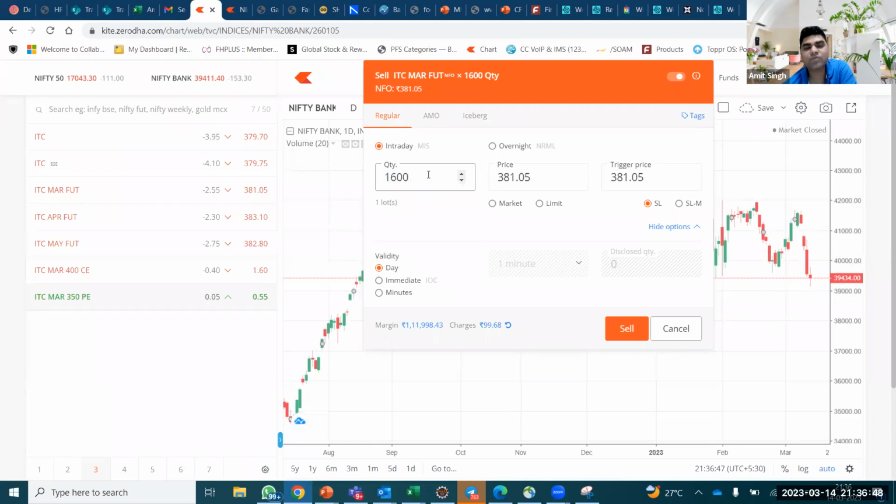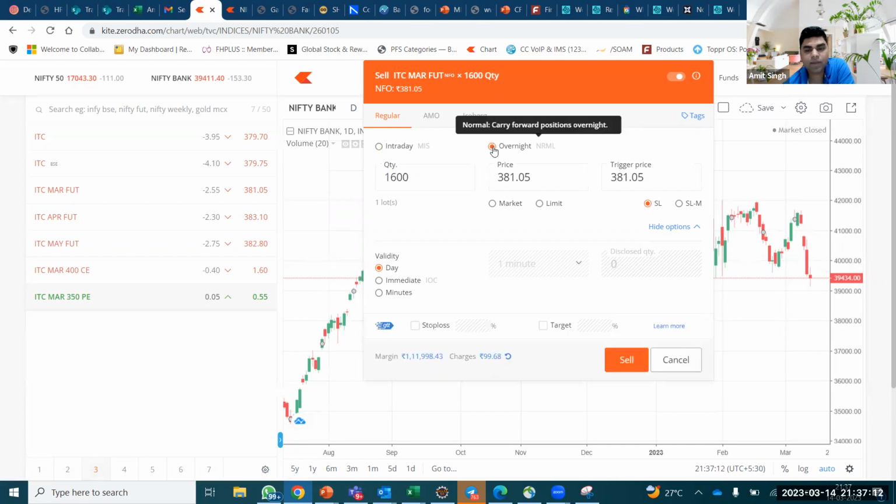In case of ITC, the lot size is 1600, which means one future of ITC is equivalent to buying or selling 1600 units of ITC stock. And that is why the margin you see here is 1,12,000 rupees. Even overnight, the same 1,12,000.